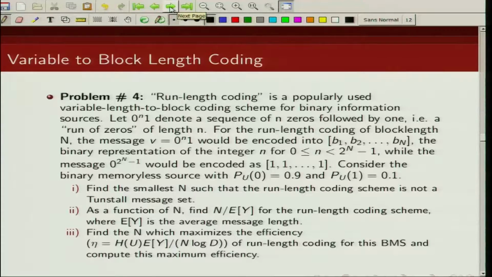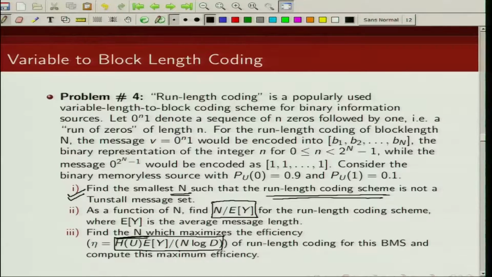And the third part is to find a value of n which will maximize this efficiency. In other words, find a value of n which will minimize this. So the first part is to find the smallest n such that the run length coding scheme is not a Tunstall message set.